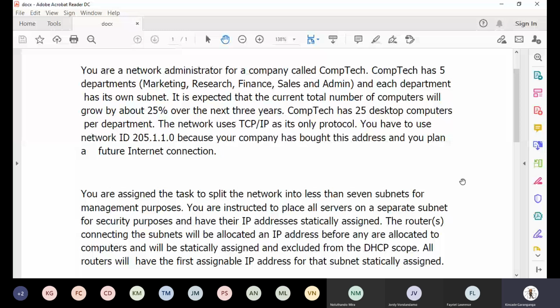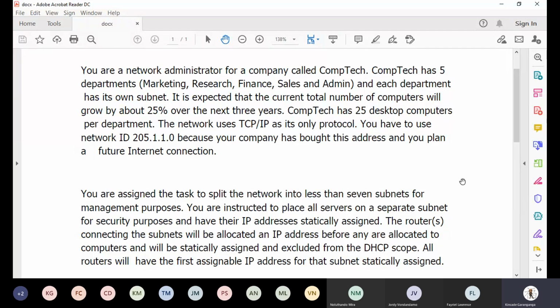And then you're assigned the task of splitting the network into less than 7 subnets. I think that's just a different way of saying 6, because when we run our calculations, ultimately what you're configuring there is 6 distinctive subnets. And then obviously servers are placed in their own subnet as far as your specific setup is concerned.